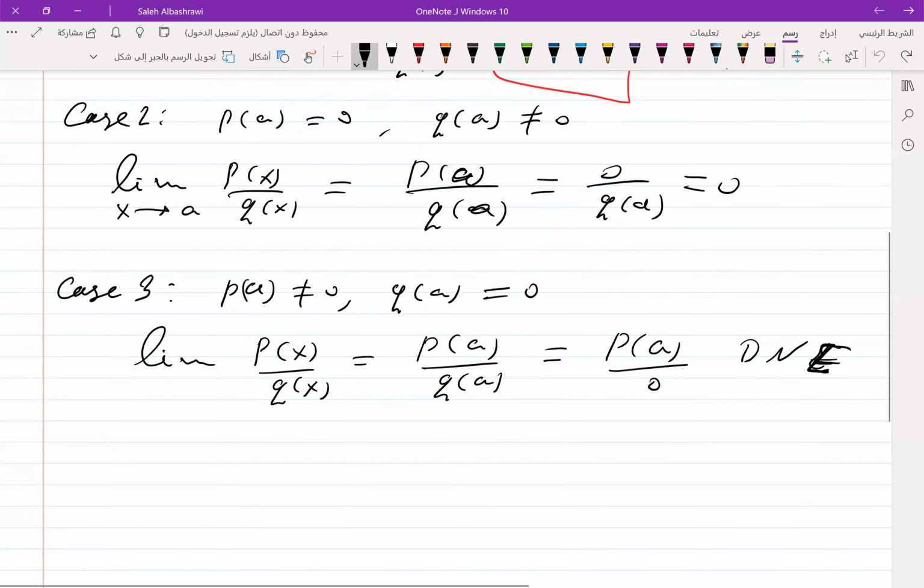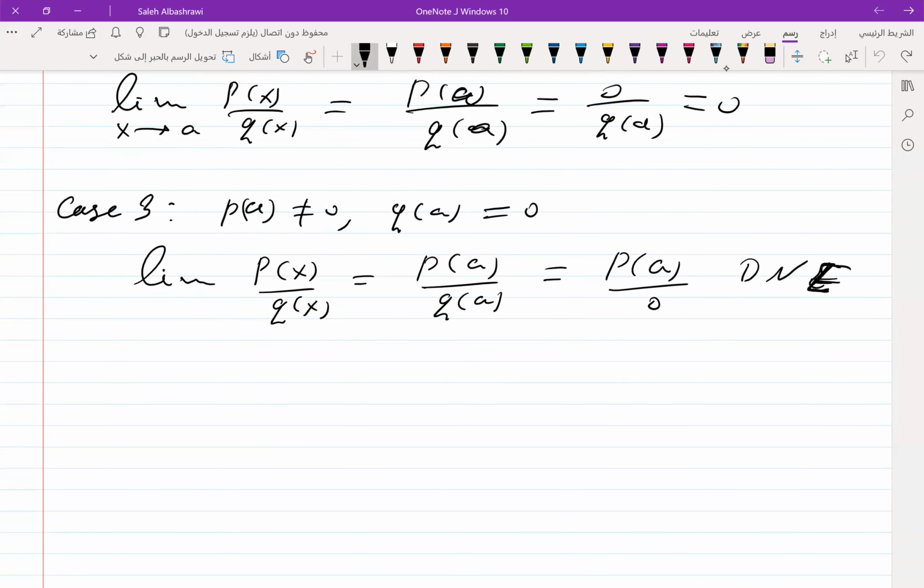For the fourth case, case number 4, p of a equals q of a, and both of them are equal to 0. So p of a equals q of a equals 0. In this case, the limit will be 0 over 0, and 0 over 0 is one of the indeterminate cases.